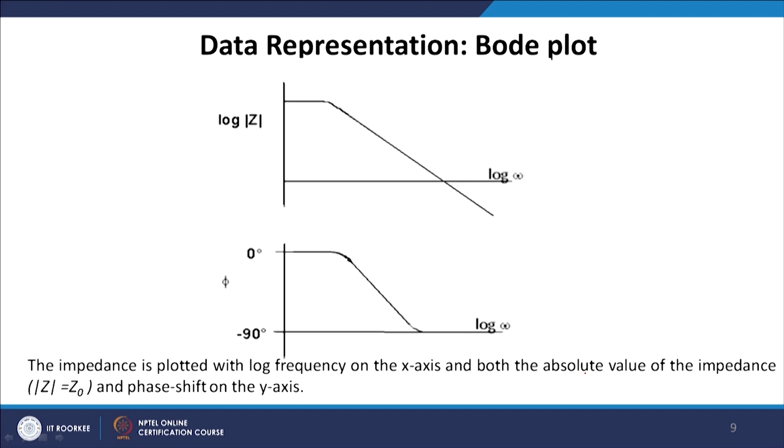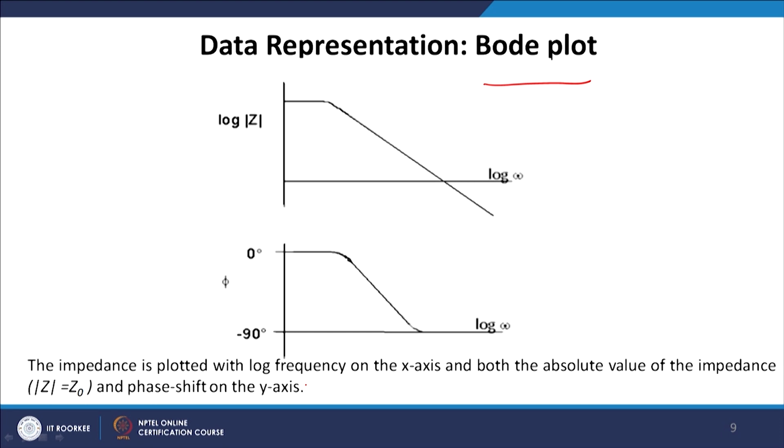There is another representation of impedance spectroscopy called the Bode plot. In a Bode plot the impedance is plotted as a function of the frequency, or the phase angle is plotted as a function of the frequency, because in impedance spectroscopy basically we are changing the frequency. The impedance is plotted with log frequency on the x axis, and both the absolute value of the impedance mod z, which is z naught, and the phase shift on the y axis.